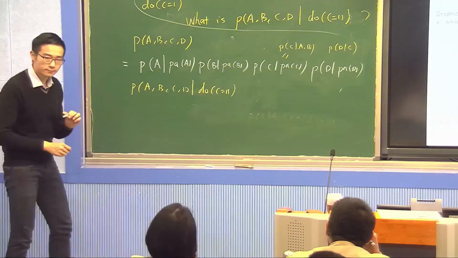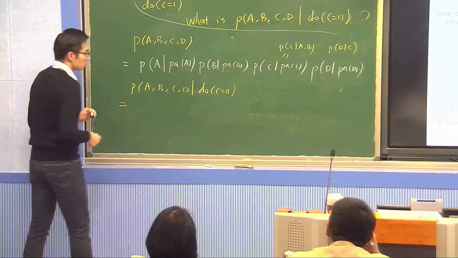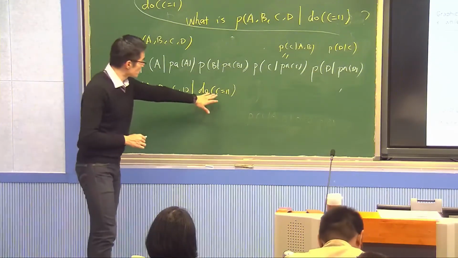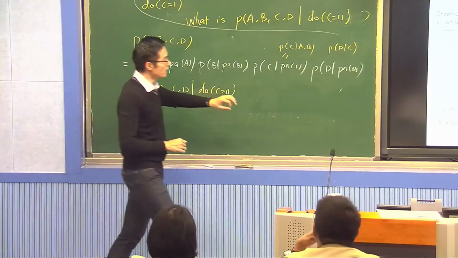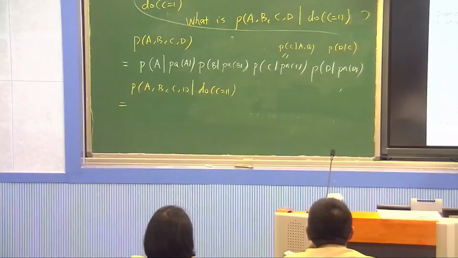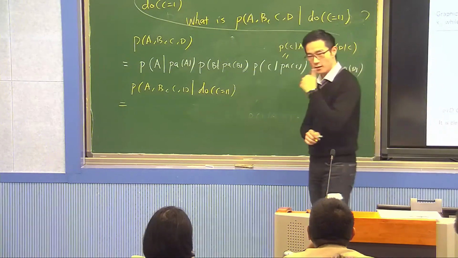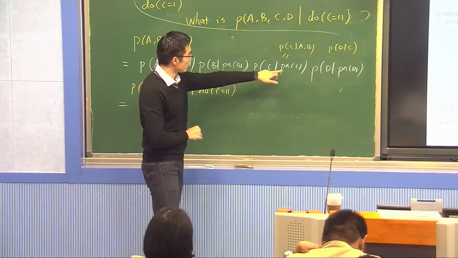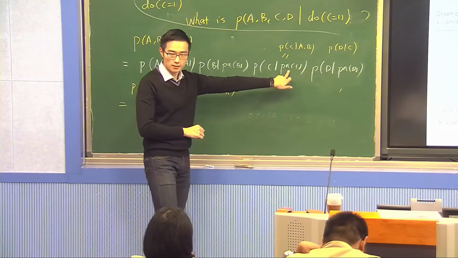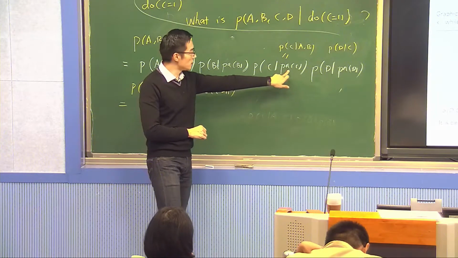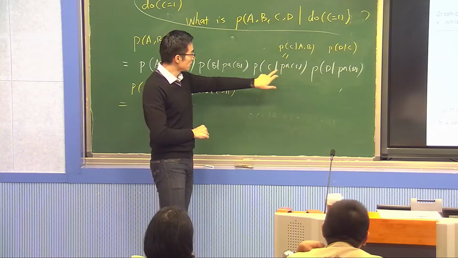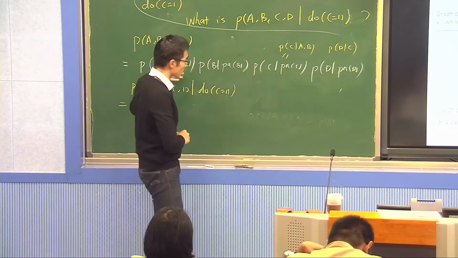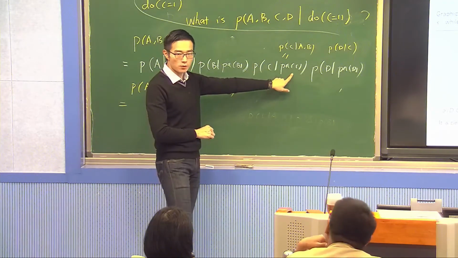The effect of do C equal to 1 is to break the link of any parent to C. So C no longer has a parent, because C's parent is me now. I'm the experimenter. I go in and do it. So there's no longer a parent for C. We still have the other terms, but P(C given its parents) becomes what?